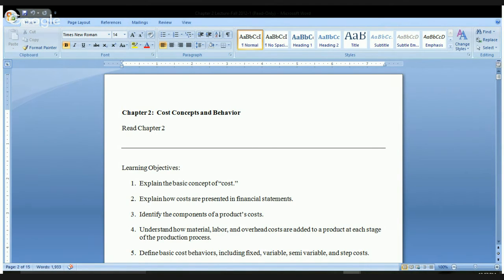So that has to be manufacturing overhead, and it has to be other because it's neither materials for the product nor the supplies for the labor for the product.